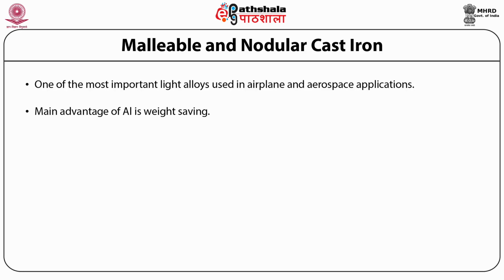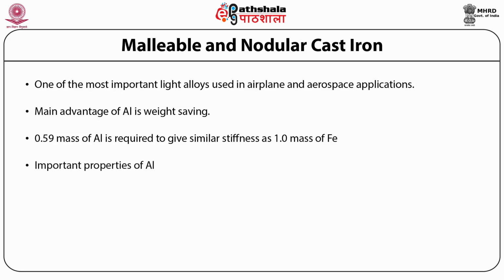The mass of the metal required for achieving the same stiffness of a structural beam is around 0.59 in case of aluminium as compared to steel, where it is 1.